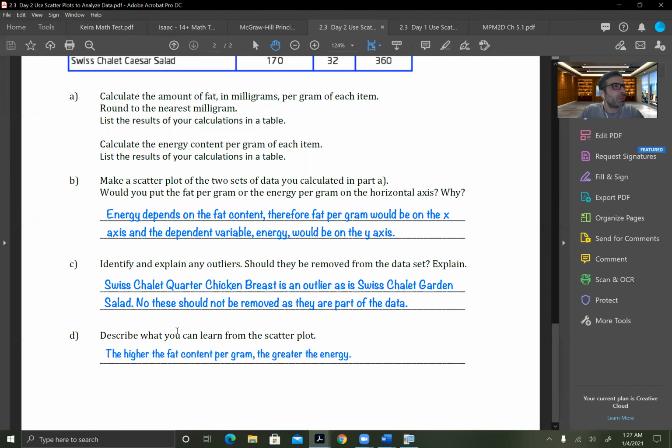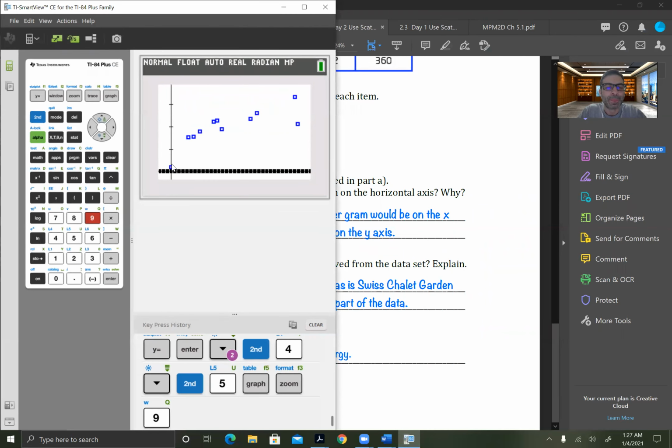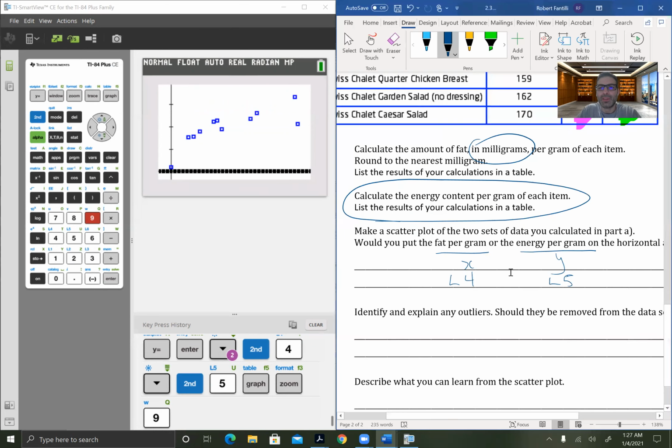A low fat content on the other. So let's look at the graph. Describe what you can learn from the scatter plot. Well, overall, the higher the fat content, the greater the energy. But let's go back to our GDC for a second. On the x-axis, we had the fat per gram.